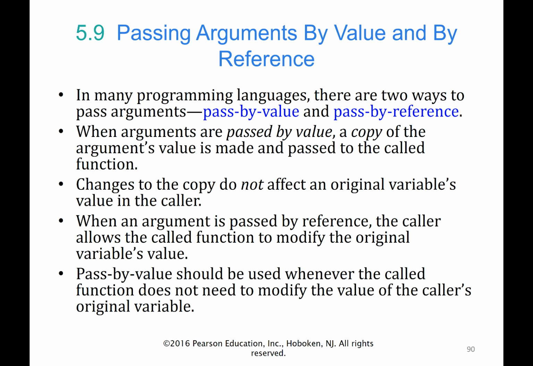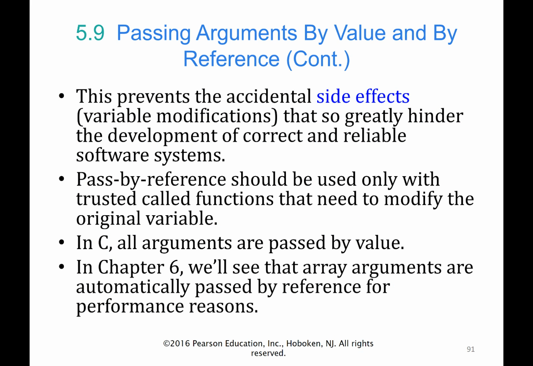I talked about that before when I referred to your bank account. The value is your current balance, but the address, or the reference, is the account number. Normally almost 90% of the time we pass by value.